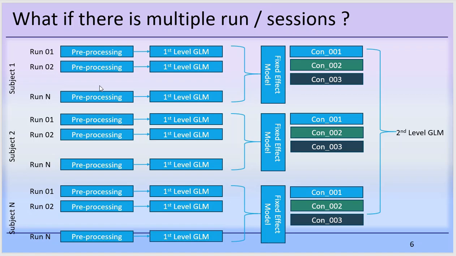And I said you will do it for these contrast images one by one at each execution, and at the end you need to have 3 activation maps for this group of subjects. And that was it.